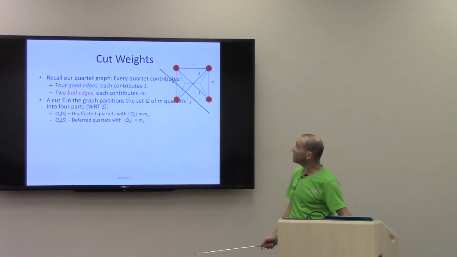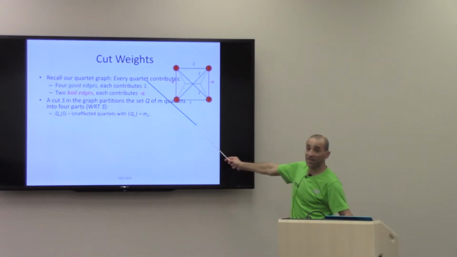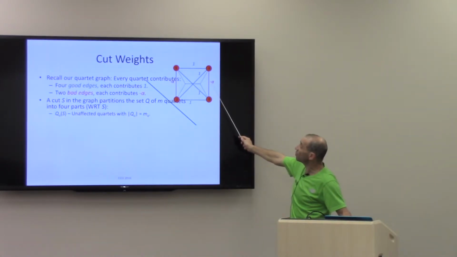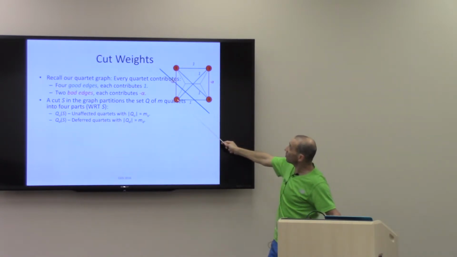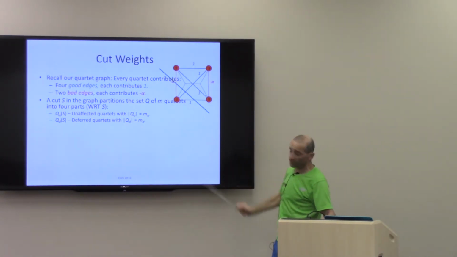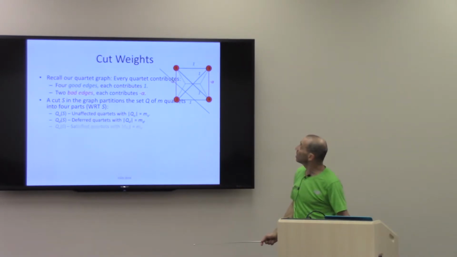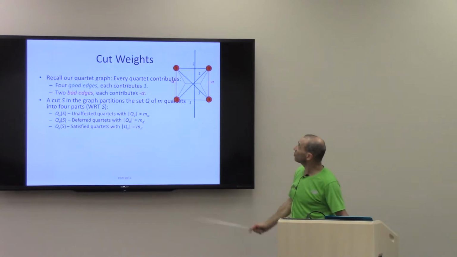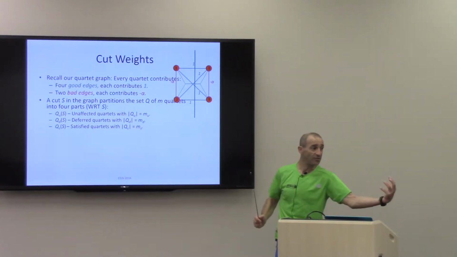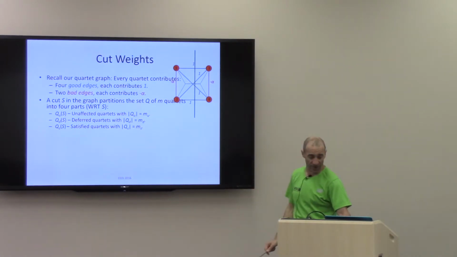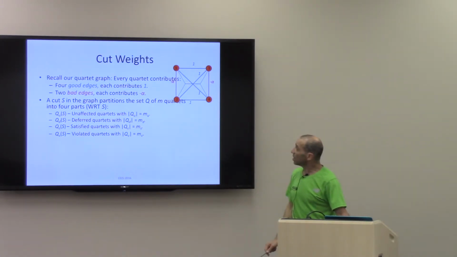So this is an unaffected quartet. This is a deferred quartet. One is separated from the other 3. This is a satisfied quartet: 1 and 2 are on one side of the cut, and 3 and 4 on the other side. And the violated quartet is here.